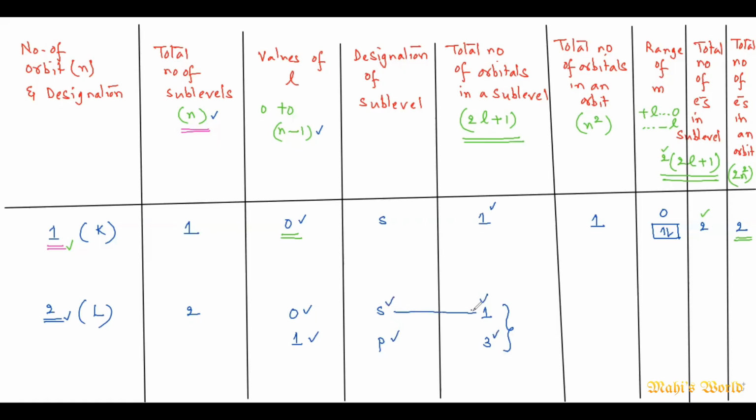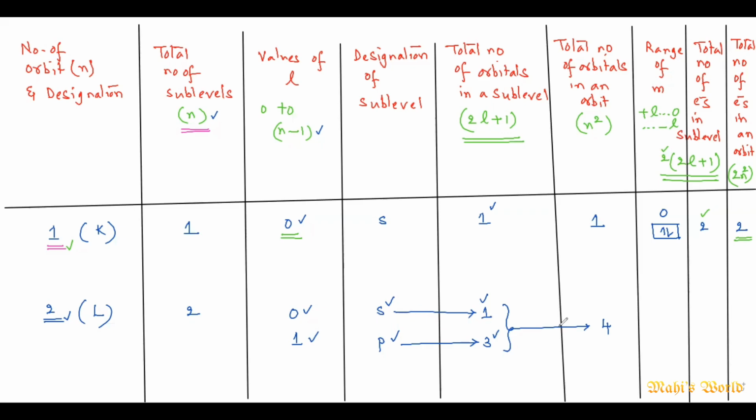In S you have 1 orbital, in P you have 3 orbitals. Overall, I can say that it is 4. That is the total number of orbitals in the whole orbit. The orbit has 4, but when you say S sublevel, it has only 1.